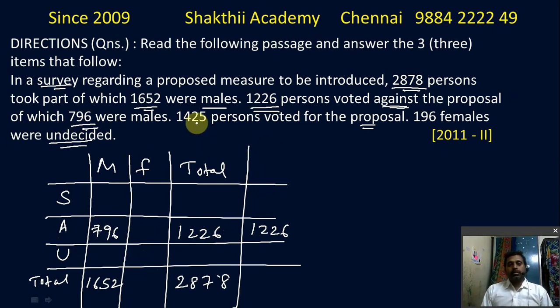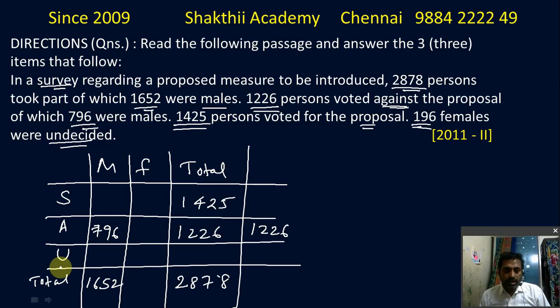After that, 1,425 persons voted for the proposal. That means people who support. Totally how many people supported? 1,425 people supported the proposal. It is given 196 female are undecided.